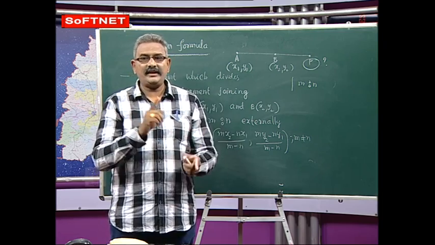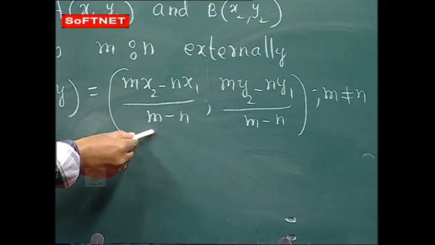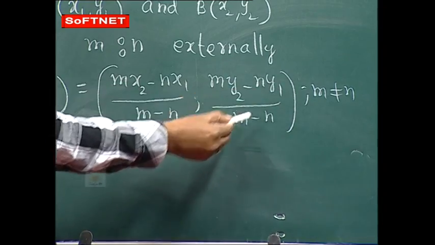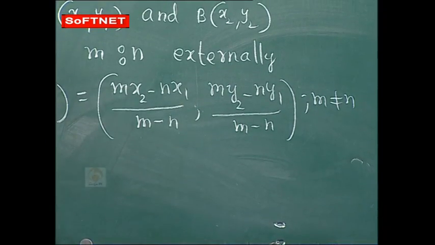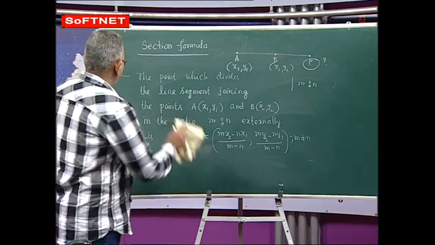Externally, that is mx2 minus nx1 by m minus n, comma my2 minus ny1 by m minus n. Here m does not equal n.